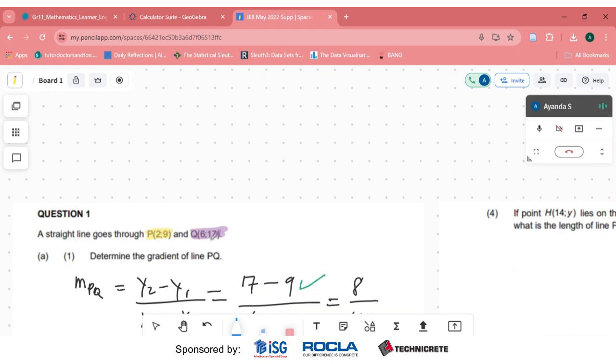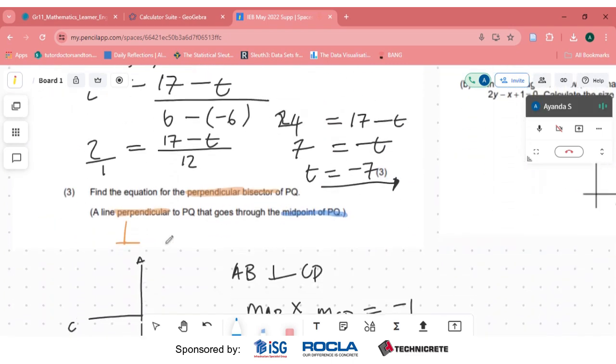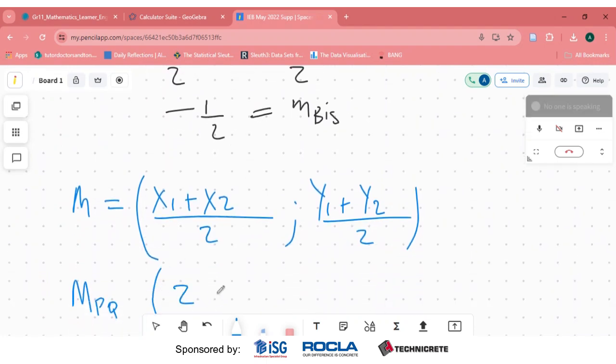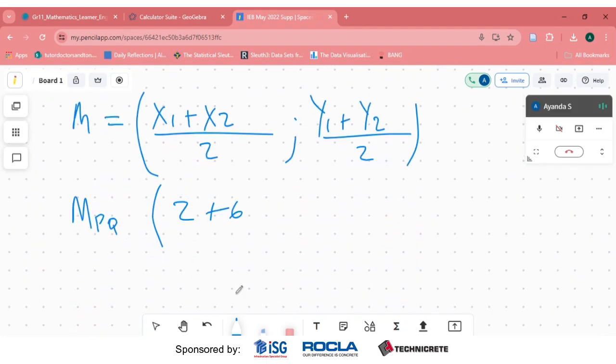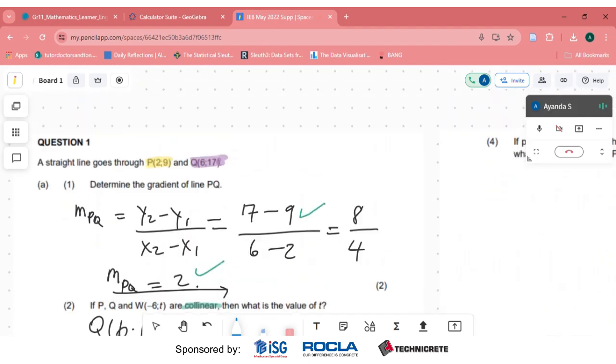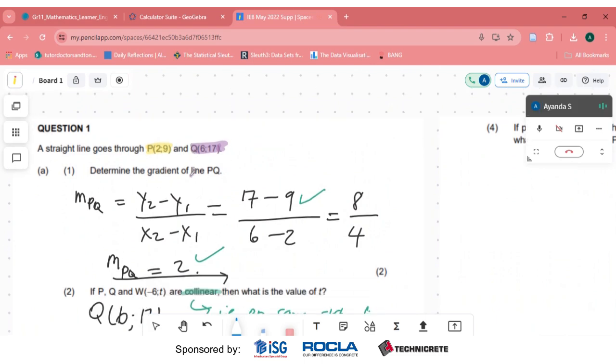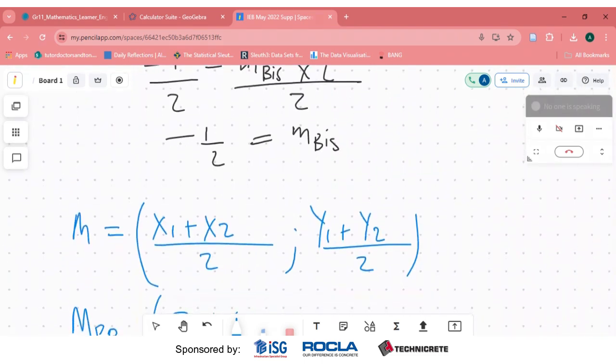2 plus 6, those are the two x's. So this would be 2 plus 6 divided by 2. And then for the y values, that would be 9 plus 17 divided by 2.